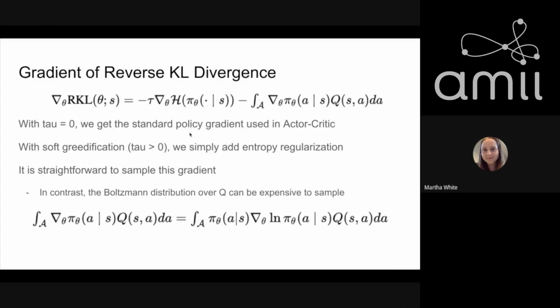The reason this is a nice thing to do, instead of directly computing that Boltzmann distribution, is that it's straightforward to sample this gradient. Even though computing this full distribution is hard, we can slowly iterate our explicit policy towards something that looks like that, or at least concentrates actions around high probability actions.